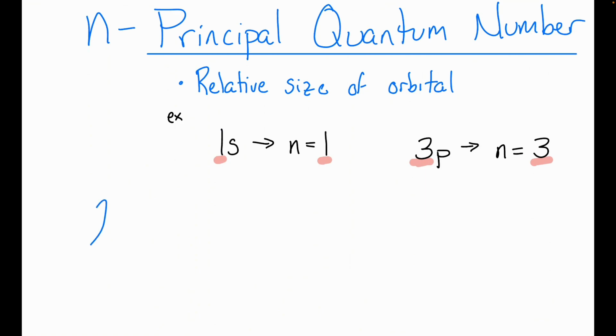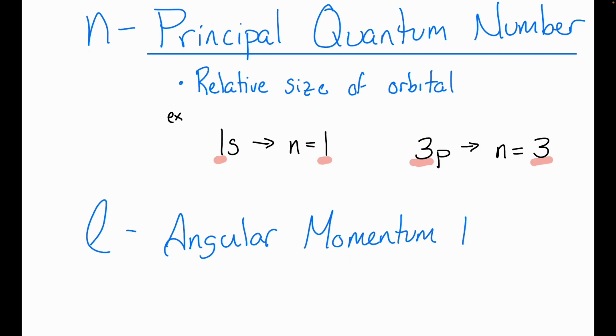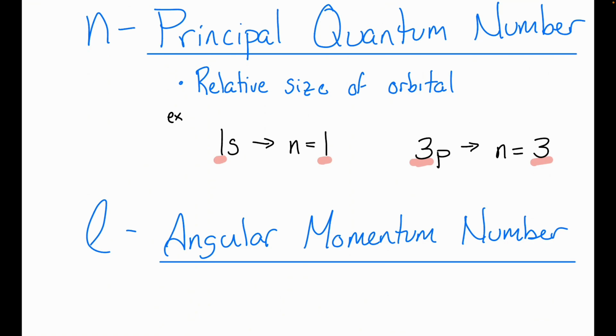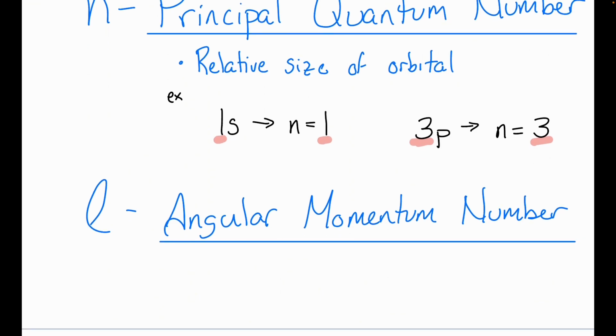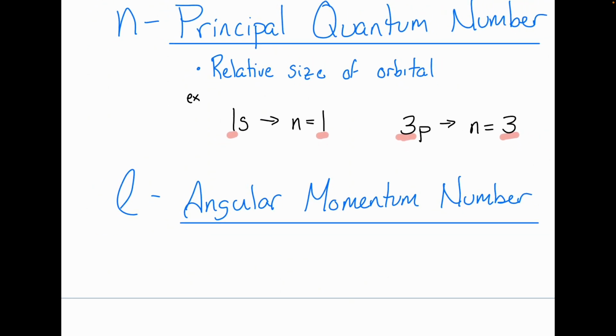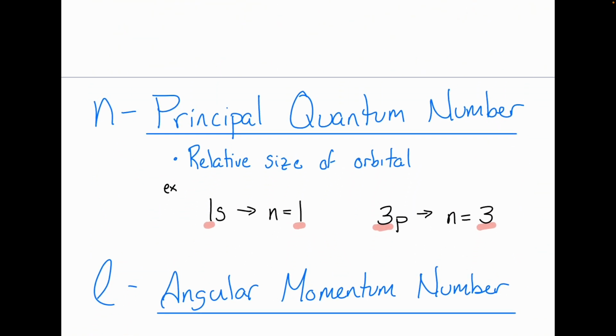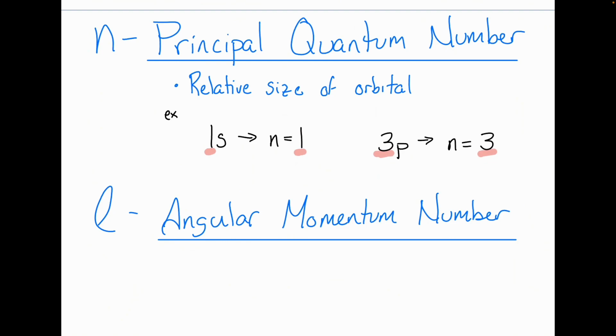L is what's called the angular momentum quantum number. If n is denoting the relative size of our orbitals, l is going to denote the shape of those orbitals.